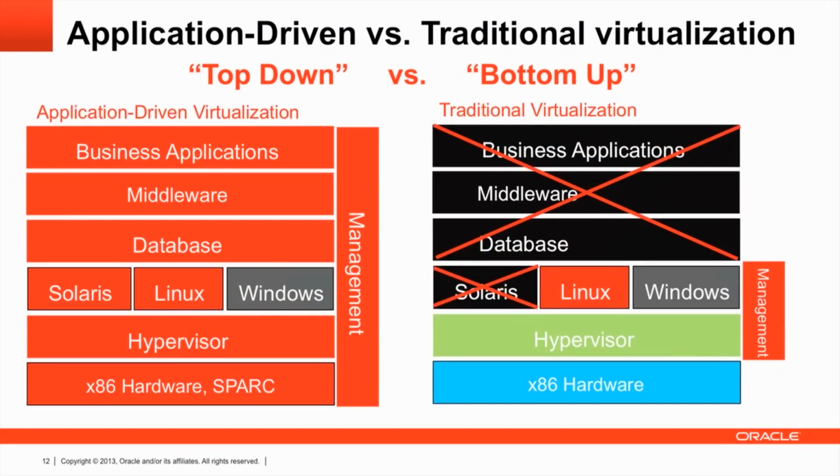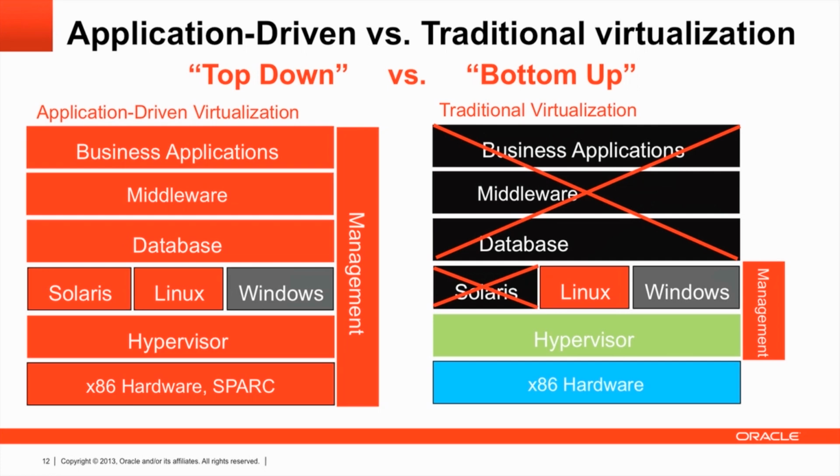Translating that consumer view to an IT view, application-driven really takes the top-down approach versus the traditional virtualization, which is a bottom-up approach. The bottom-up approach delivers a hypervisor that provides the abstraction to the hardware at the hypervisor level for your computing environment.